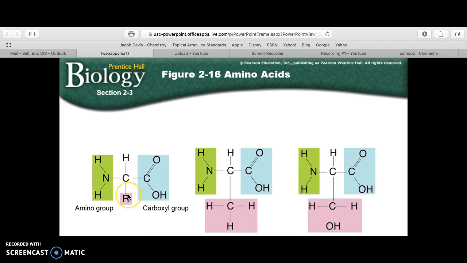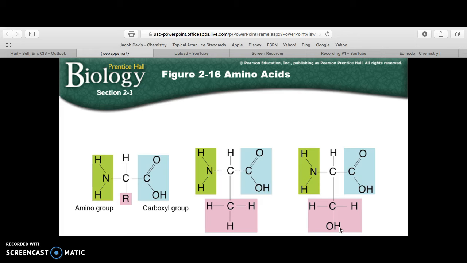That R group can actually change depending on the amino acid that we're looking at. You notice one of the amino acids over here is alanine, and it has C with 3 H's. However, if we look at another one called serine, it has 2 H's and it has a hydroxide group, an OH group attached. So amino acids, again, are important building blocks for your muscles.